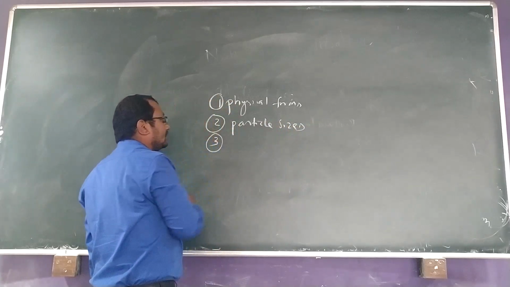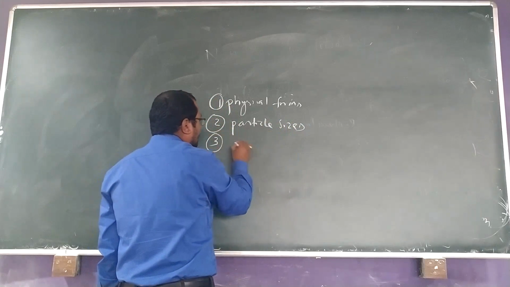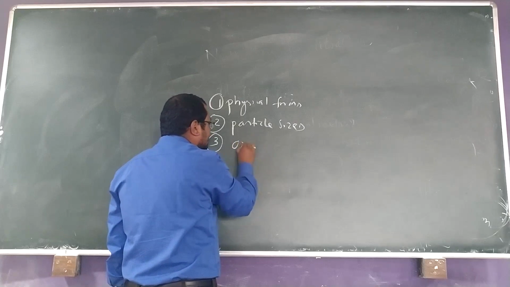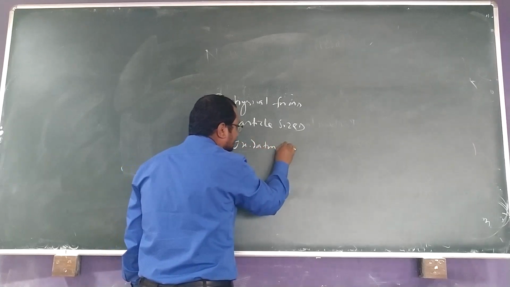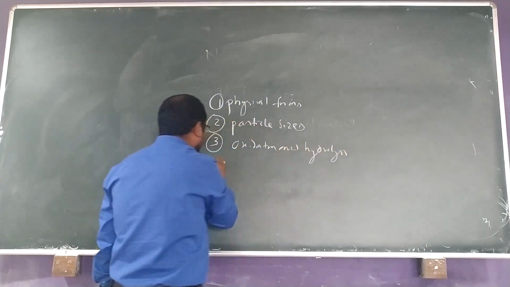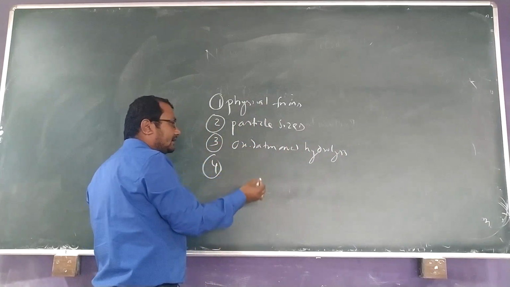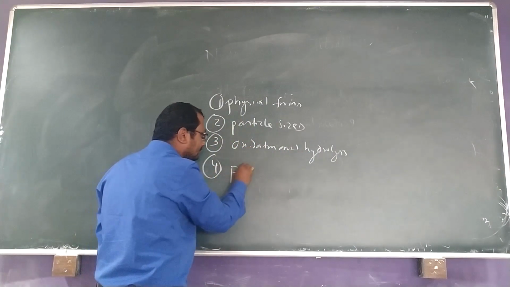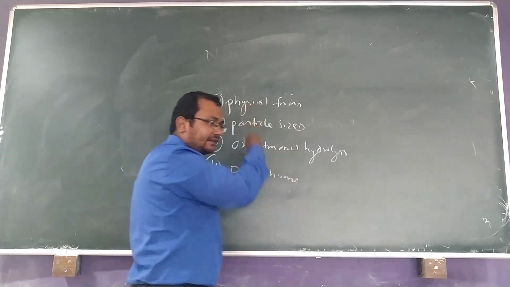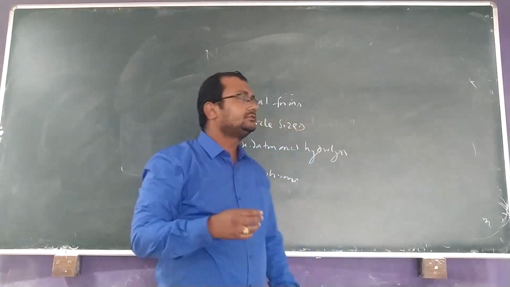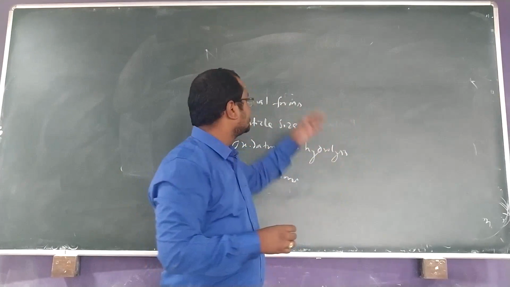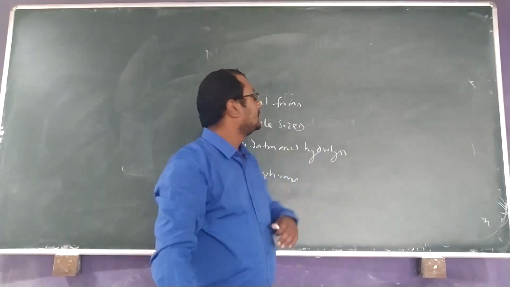Third one, we can tell it is oxidation and hydrolysis. Fourth one, different other things like polymorphism. So these are the different techniques we have to carry out in the pre-formulation studies. The details later in the notes I will give you. So let us individually discuss about different methods.